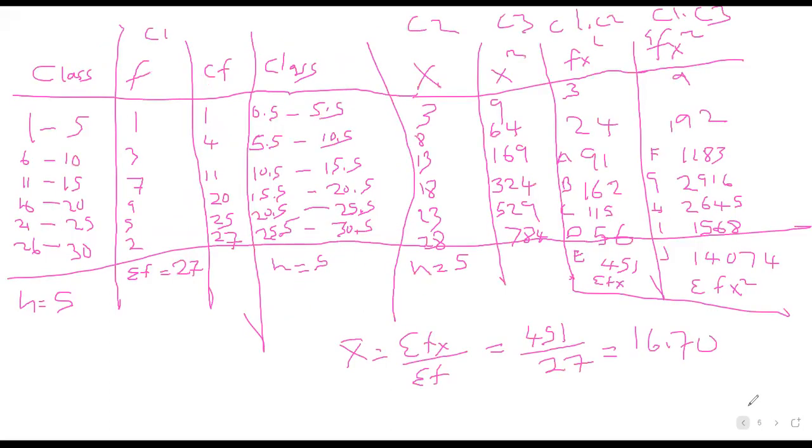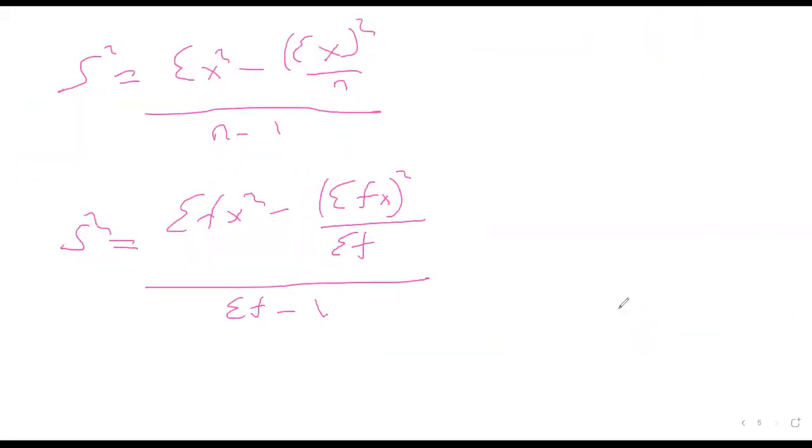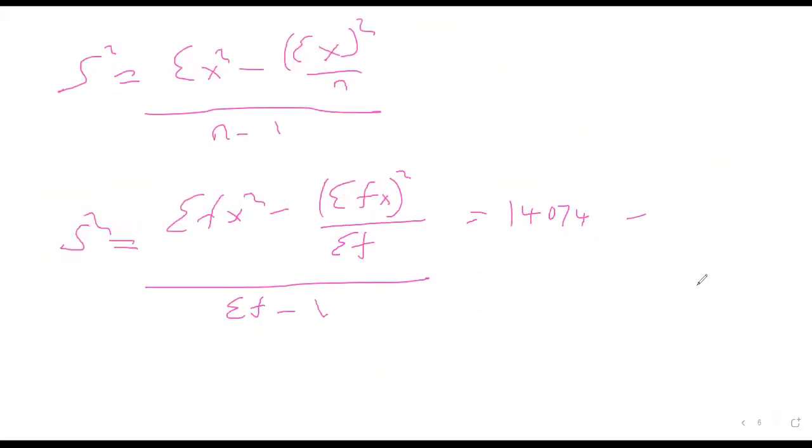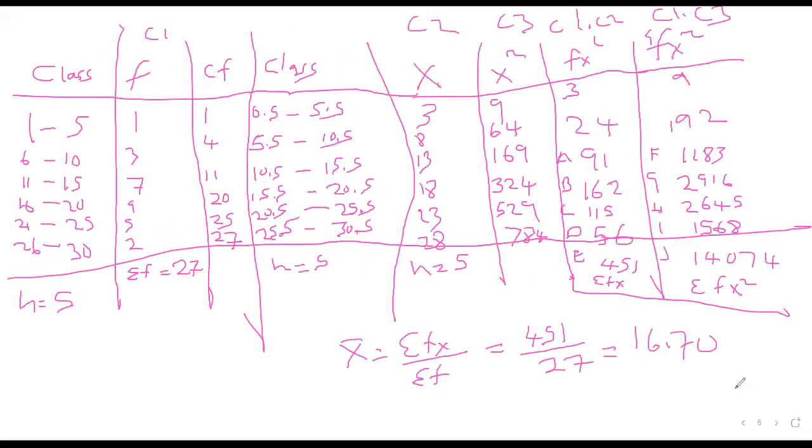So what do we have here? 14074 minus, we have 451 squared over our summation of f, which is 27.